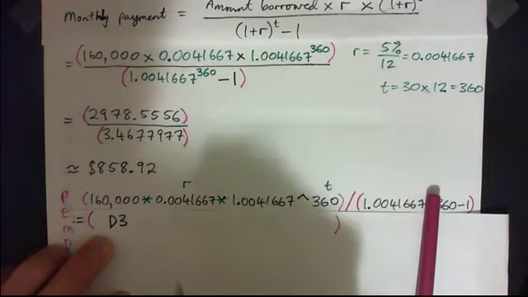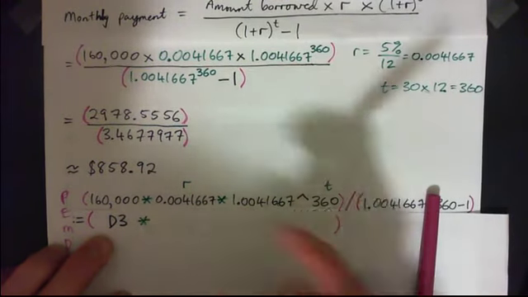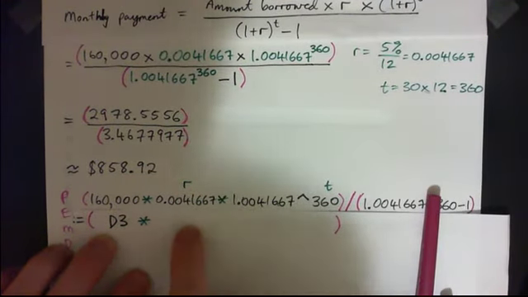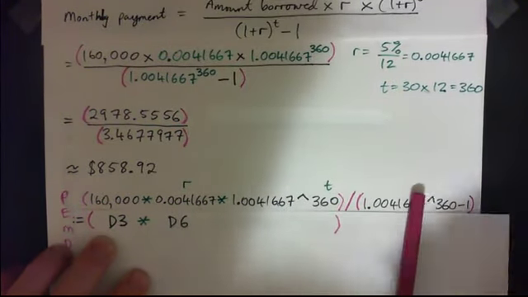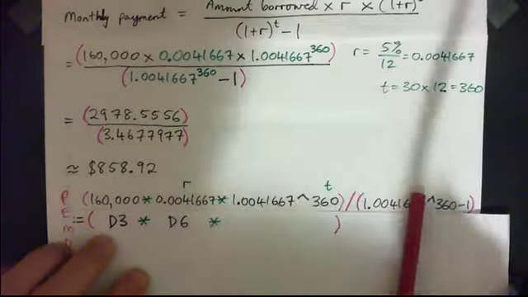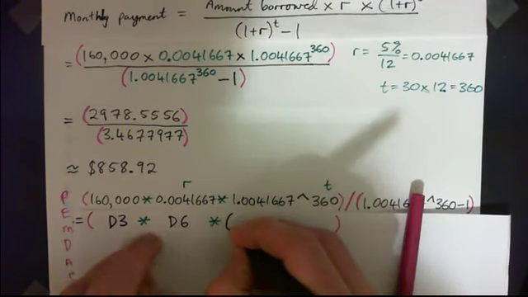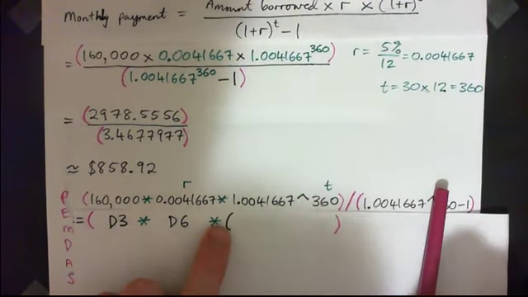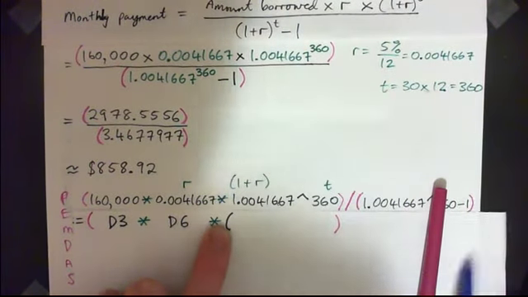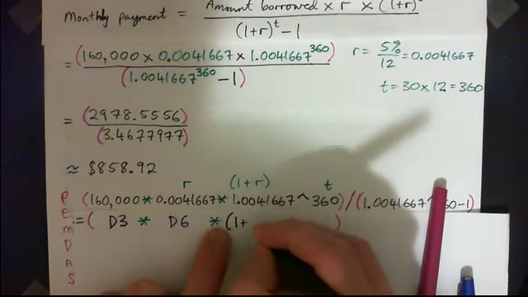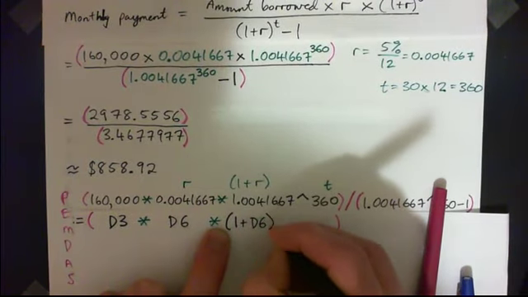Then we're going to times that by the rate R, which was D6, right? And then we times that by 1 plus the rate, okay? So that's 1 plus R, remember, 1 plus R here, right? So that should be 1 plus D6, okay?